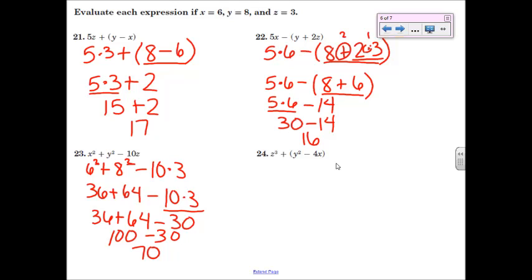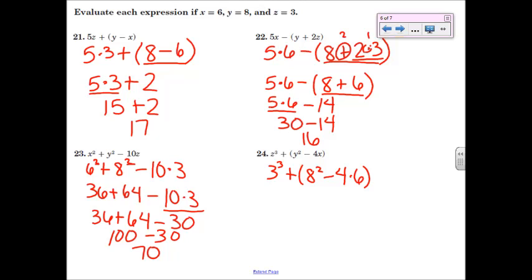So in 24, we have z cubed plus, in parentheses, y squared minus 4x. So z is 3 cubed plus y is 8 squared minus 4, and x is 6. 4 times 6.